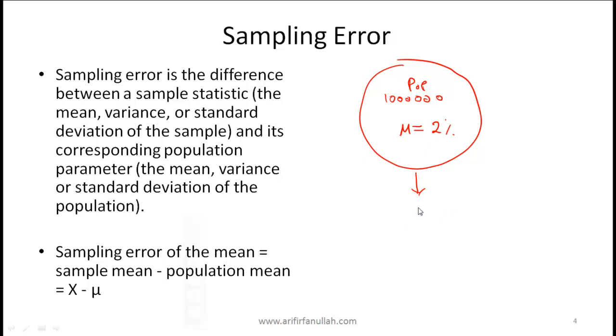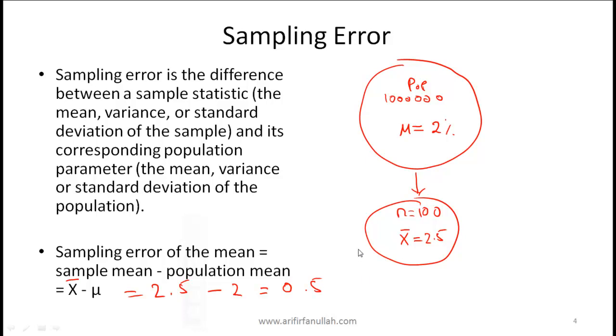When we pick out a sample of 100, n equals 100, and we find the mean for this sample, let's say that mean turns out to be 2.5. The sampling error of the mean then would be the sample mean, which is 2.5, minus the population mean, which is 2. So this gives us 0.5.